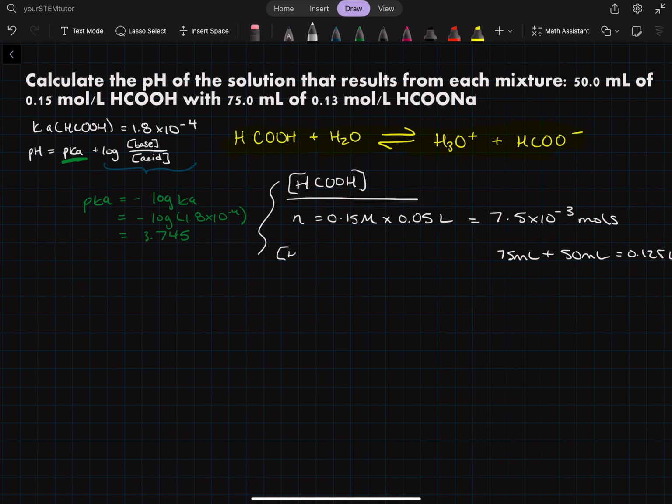So our concentration of the acid is 7.5 times 10 to the negative 3 moles divided by 0.125 liters, and it's going to equal 6.0 times 10 to the negative 2.